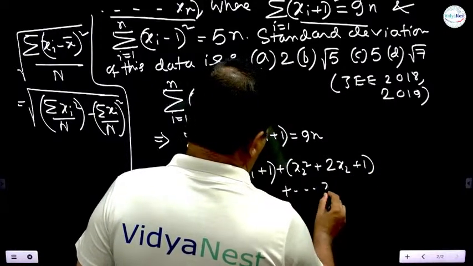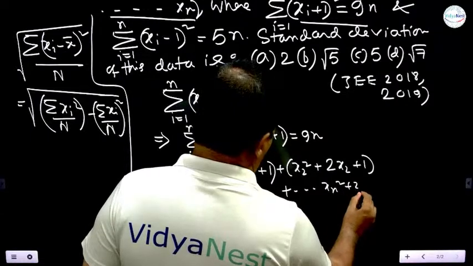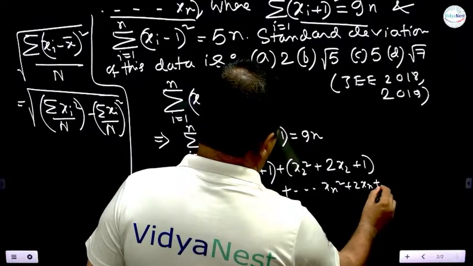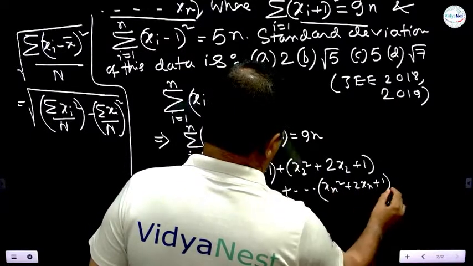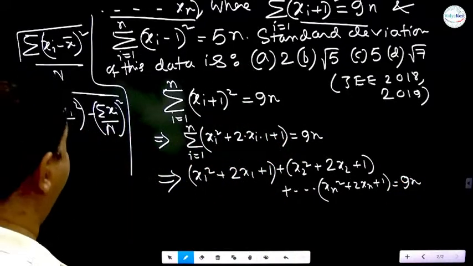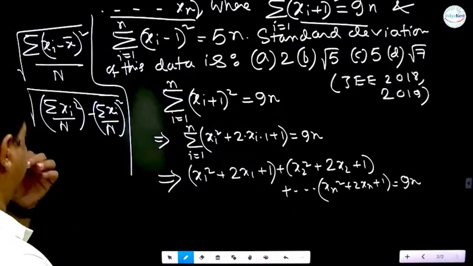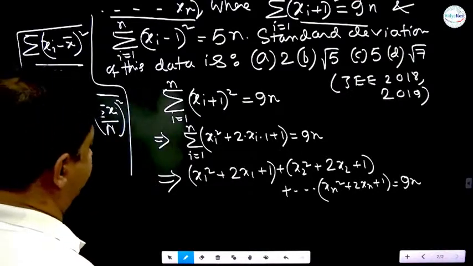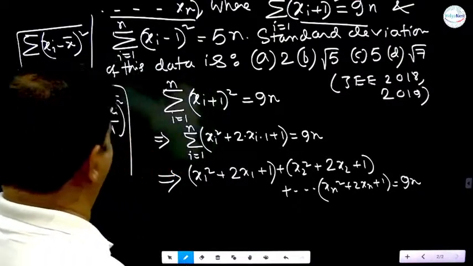In this way, xn square plus 2xn plus 1 is equal to 9n. Okay? Up to this stage, no doubt, I think.